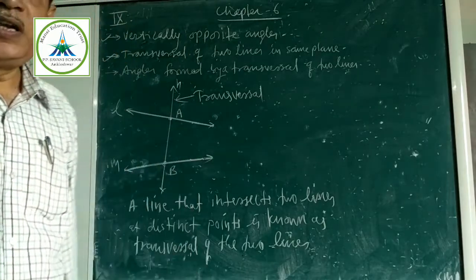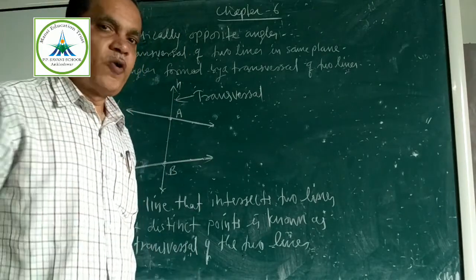Got it now? A transversal intersects two lines in distinct points.